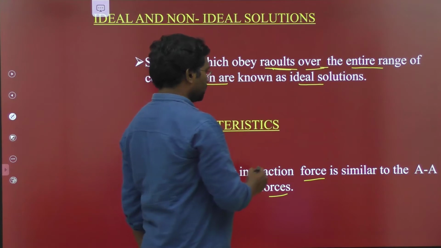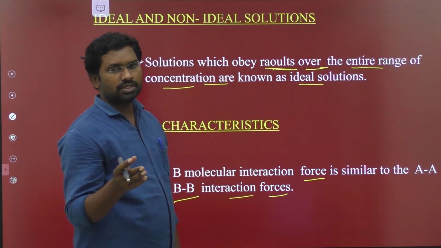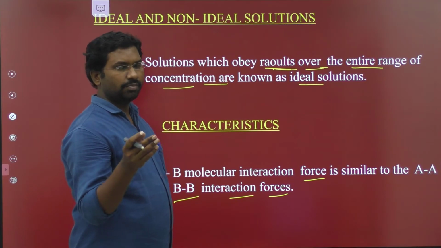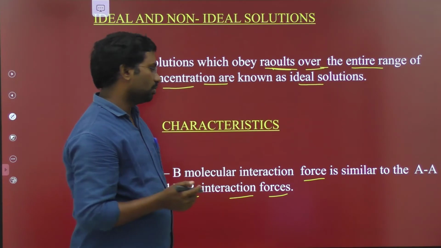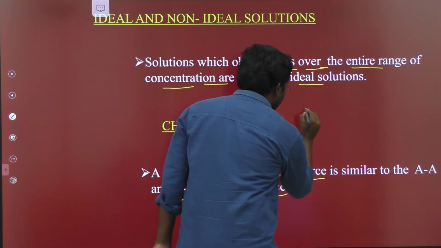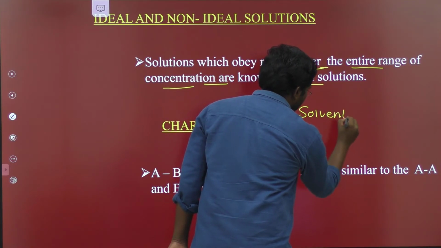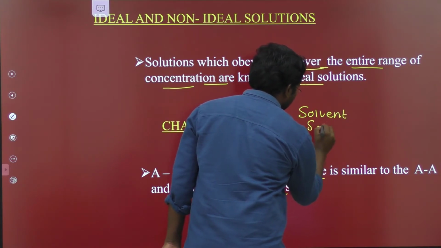You have to remember one thing: you know very well that a solution is a homogeneous mixture. At the intermediate level, we studied binary solutions. A binary solution mainly consists of two components. What are they? First one is the solvent and second one is the solute.